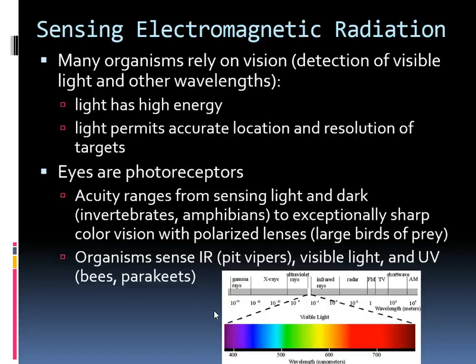Obviously, the more wavelengths that you can sense, the more rich the picture is. And like I said, we only do visible light, but lots of other animals do ultraviolet and infrared as well. And so when we're talking about acuity, we're talking about the ability to distinguish subtle differences in the light.